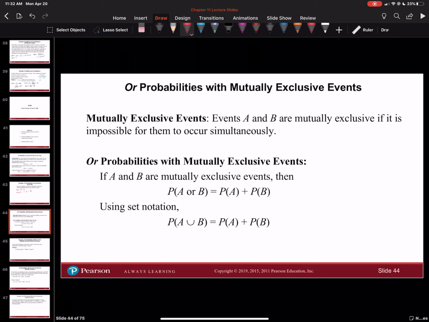For probabilities with mutually exclusive events, if A and B are mutually exclusive events, then the probability of A or B is equal to the probability of A plus the probability of B. In set notation, the probability of A union B is equal to the probability of A plus the probability of B. They're the same thing. One is written out as or, or you can use the union, which is this symbol here.